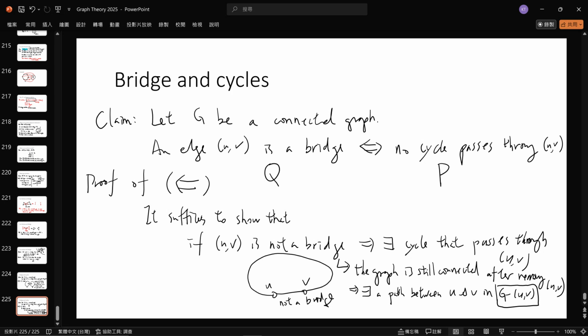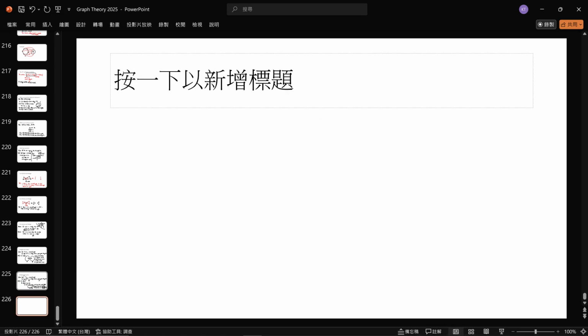Okay, so I think with that, we've concluded our discussion on bridge and cycle. If we use the notation kappa G that we introduced last week, then if a graph has a cut vertex, the connectivity is 1.